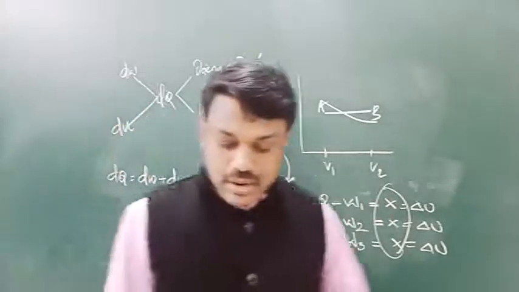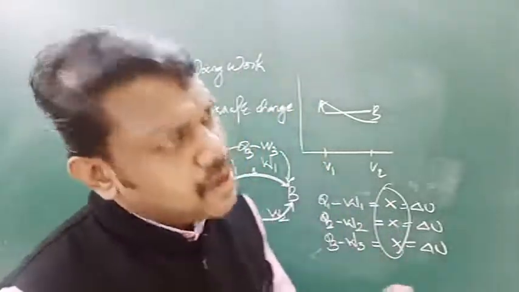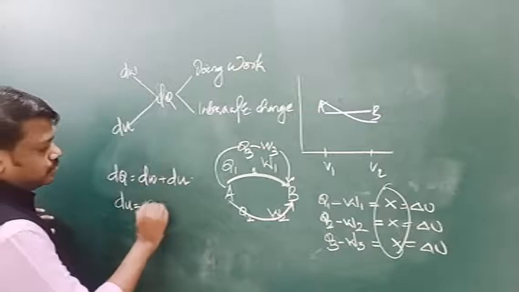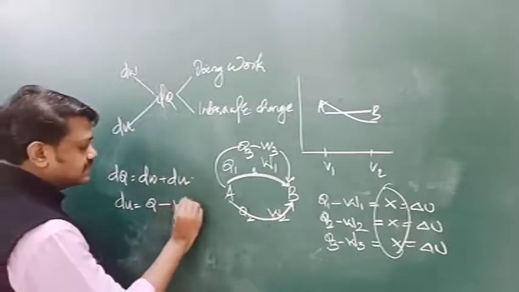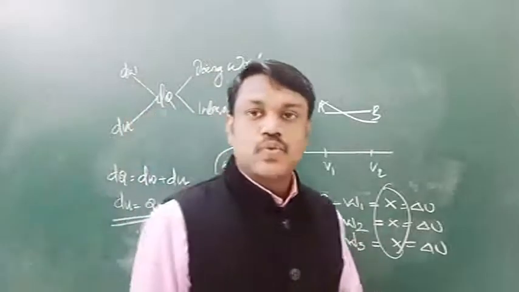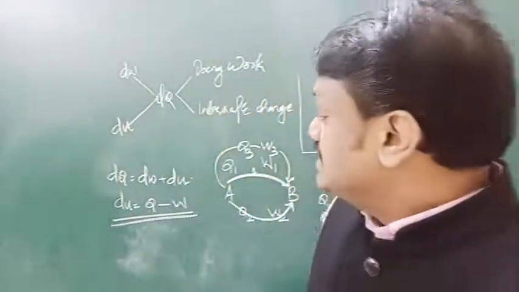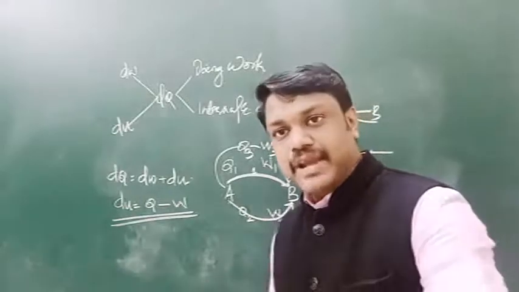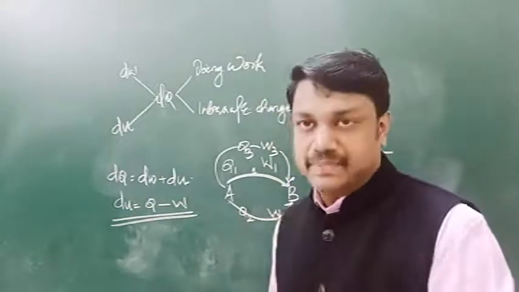dQ is equal to dW plus dU, or dU is equal to Q minus W. Change in internal energy is the difference between heat supplied to a system and the work done by the system.